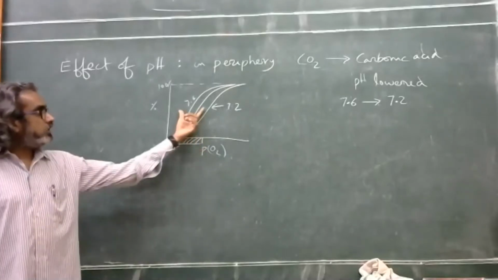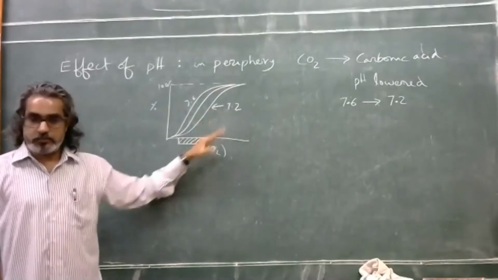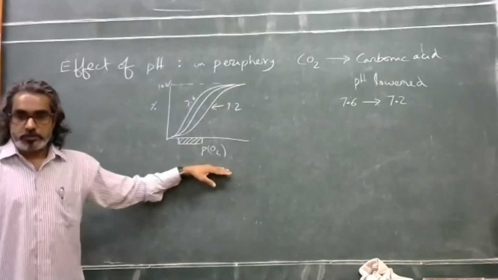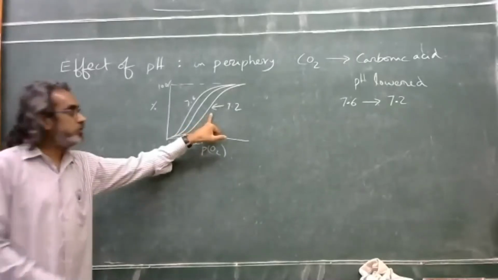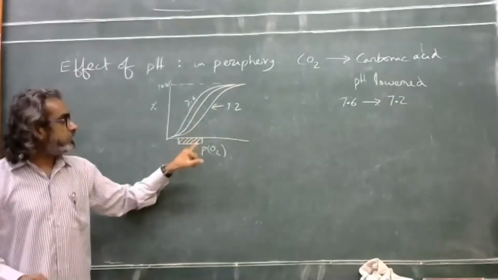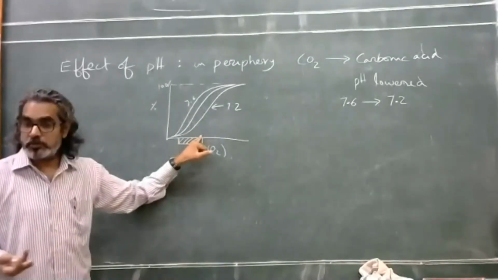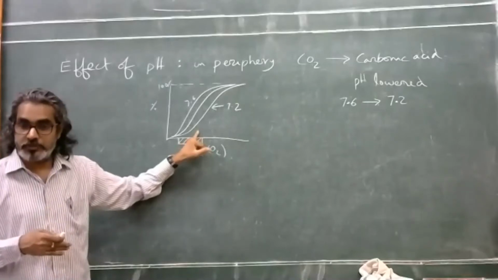So a small change in the pH now shifts the curve towards the right on the oxygen pressure axis, showing that at lower pH, for example 7.2 here, it needs more oxygen for saturation. It means that in veins you don't have more oxygen, so whatever oxygen is bound gets released efficiently.